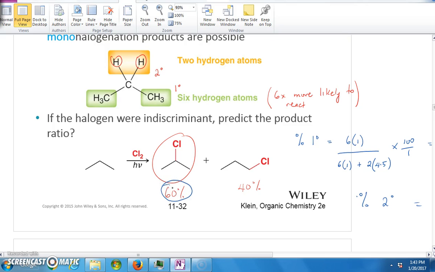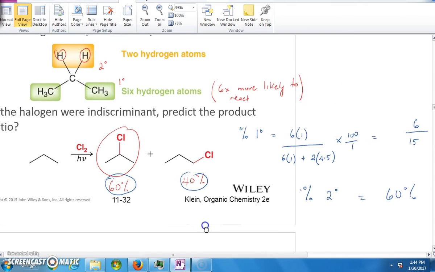In fact, you have 60% of the secondary alkyl halide occurring over the primary alkyl chloride. And the reason has to do with the rate of reactivity of each of those carbons.